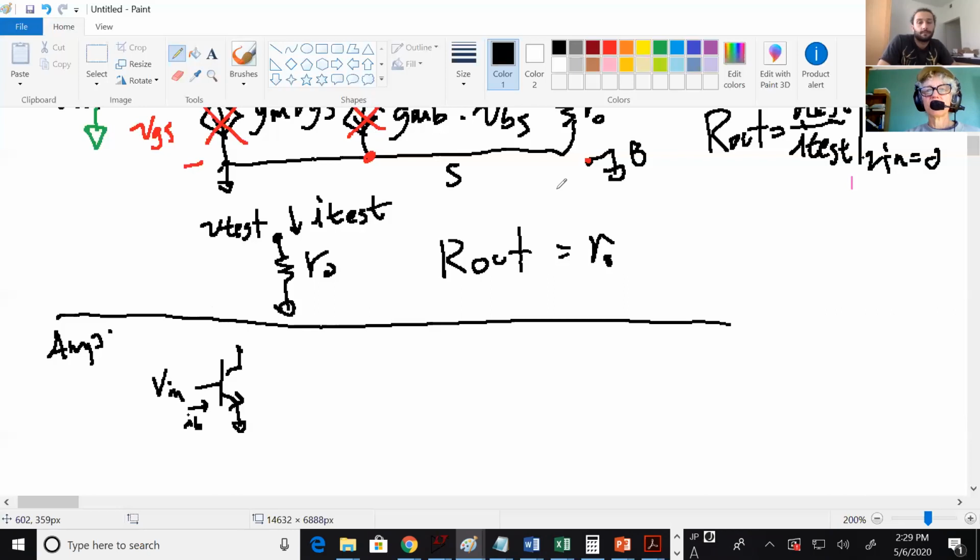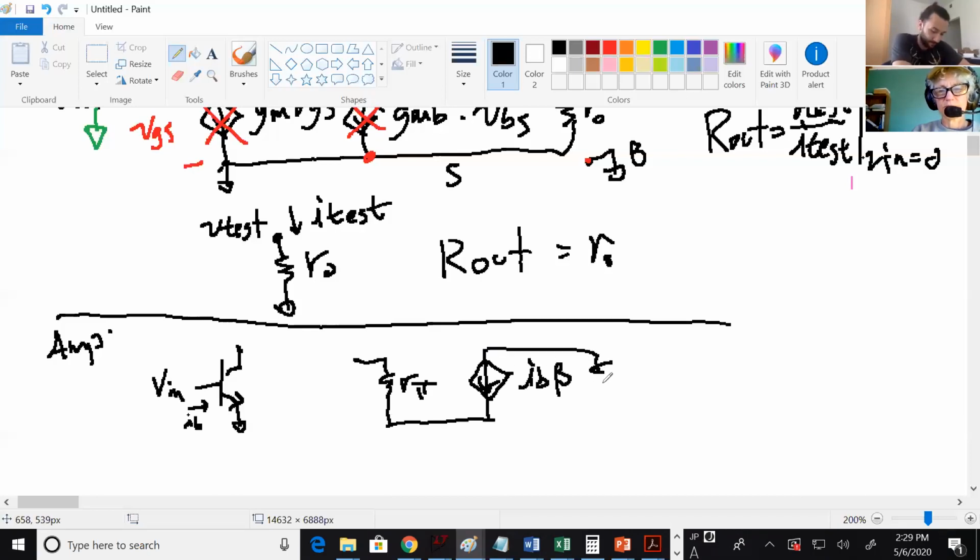There's actually a separate model. I'll give you the alternate model, but we won't be using it this quarter. So the alternate model for a BJT is, and it's the same thing.